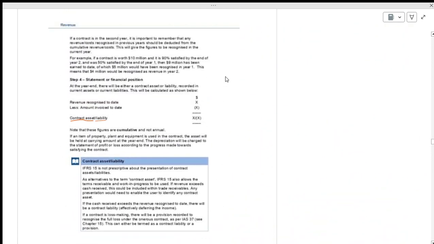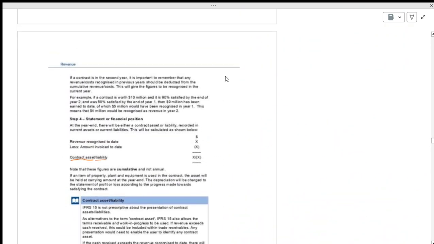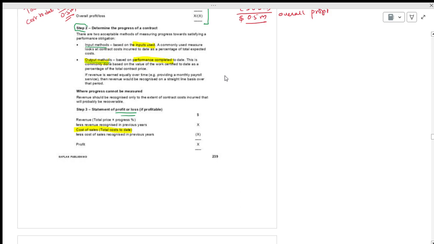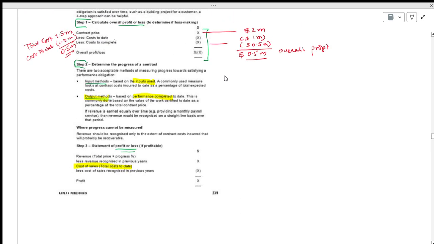You have the formula: work progress, input method and output method. Output method, what is the formula? This is commonly done based on the value of work certified to date as a percentage of the contract price.